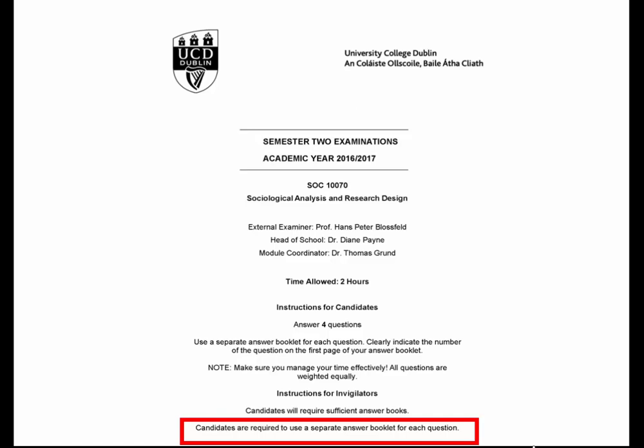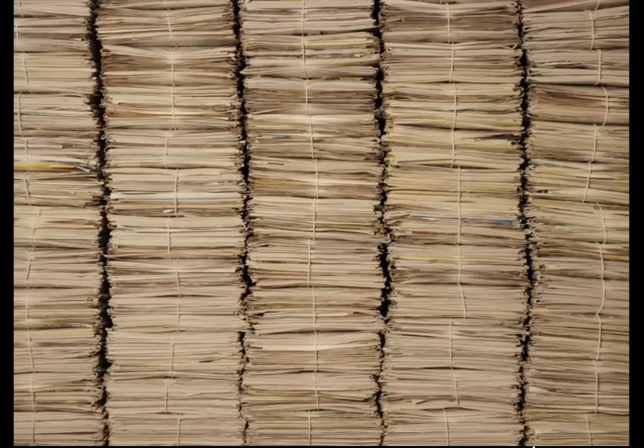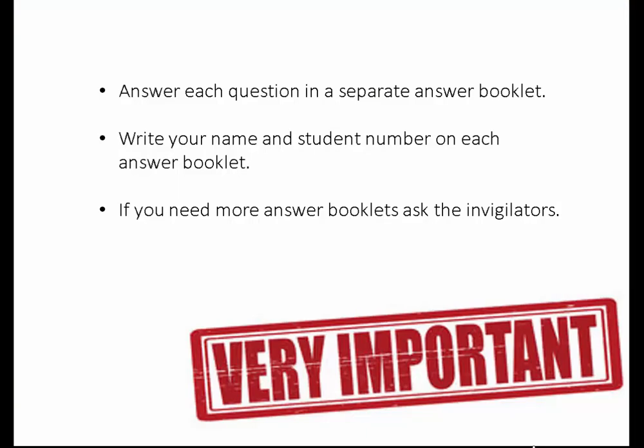You have to do that anyway. Yeah? But also clearly specify the question on it. Okay. So answer each question in a separate answer booklet. I already said that. Write your name and your student number on each of the answer booklets. And if you need more answer booklets, ask the invigilator. We told them that they have to expect that, so they know about it, and they will have enough of these booklets.